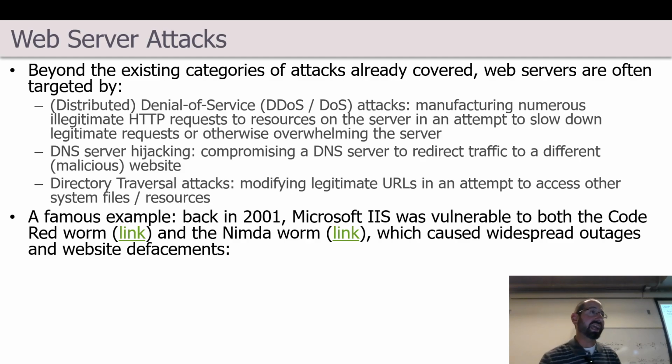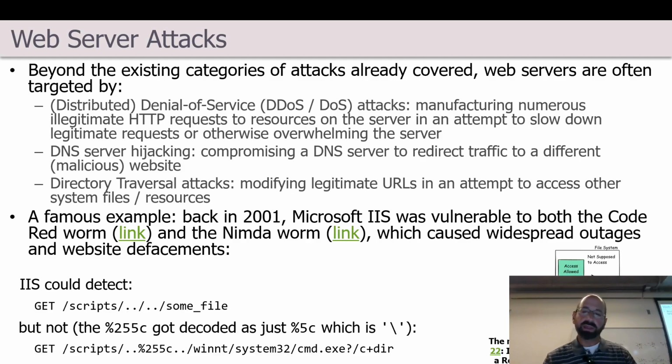But Microsoft IIS, Internet Information Services and Server, was vulnerable to both Code Red and NIMDA. You may have heard of either, you may have heard of neither of them, but they both caused very widespread outages. And I list the CWE associated with path traversal here, but it was really more than that.